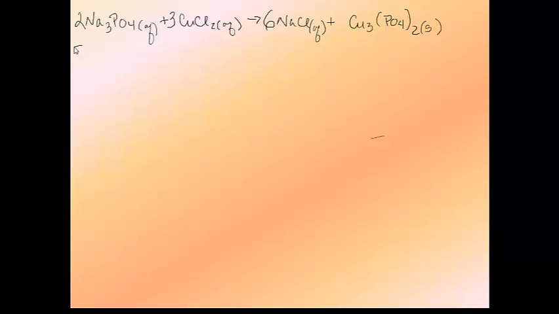I'm going to do the same idea. I'm going to write down my info. That's the information they gave me in the problem. Take the volume in liters, multiply it by the molarity, and you get 0.00500 moles of the compound.